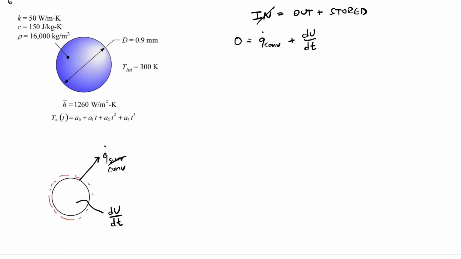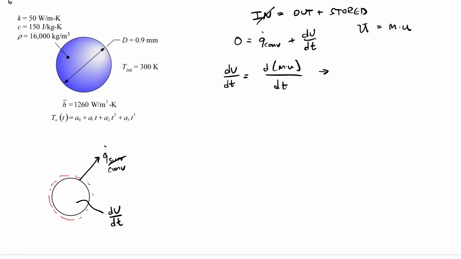What is U? U, capital U, is equal to the mass of the object times the specific internal energy, lowercase u. Okay, so let's start by expanding out this dU/dt term a little bit. So dU/dt is equal to d(m times u, lowercase)/dt.